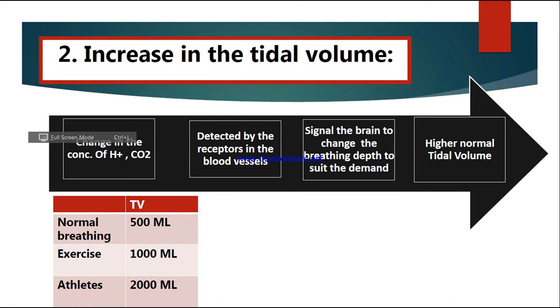So in the case of exercise, the increased concentration of H plus and CO2 will ultimately cause an increase in depth of breathing and an increase in tidal volume. So we can see that's why the tidal volume increases in exercise.